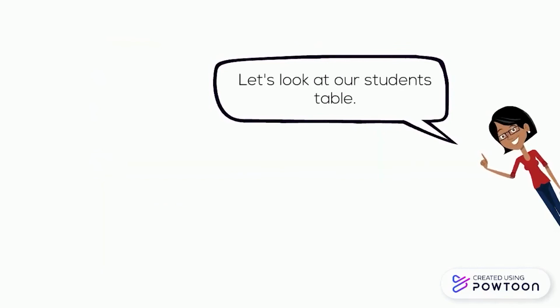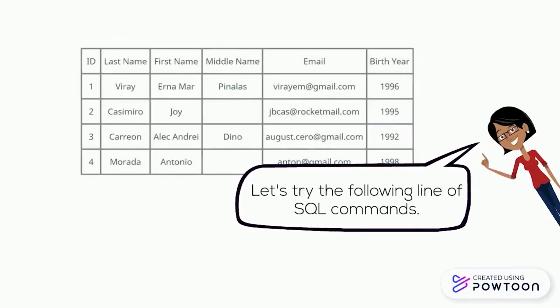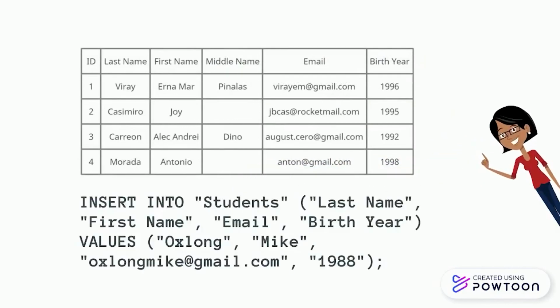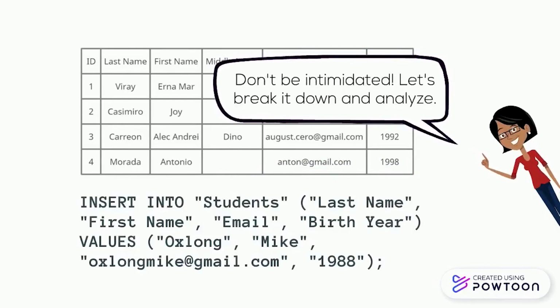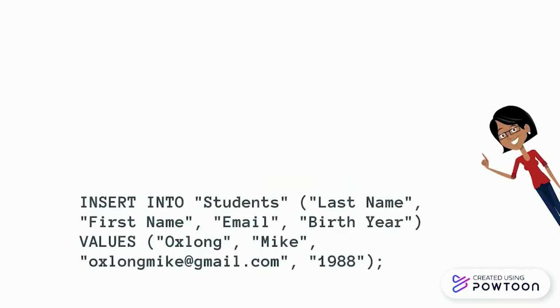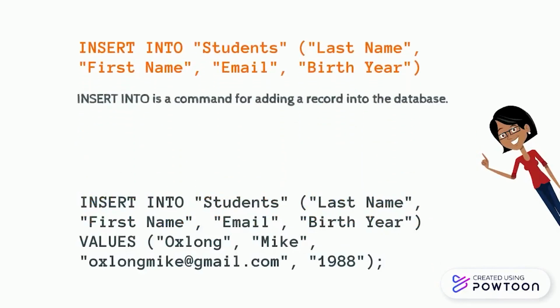Let's try inserting a record into our students table. Let's look at our students table. Let's try the following line of SQL commands. Try to look into the query below. Don't be intimidated. Let's break it down and analyze. Insert into is a command for adding a record into the database.